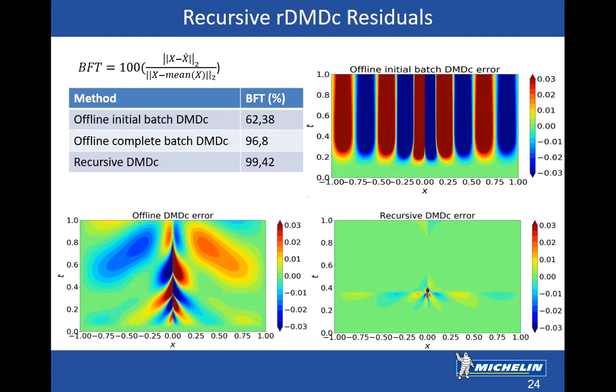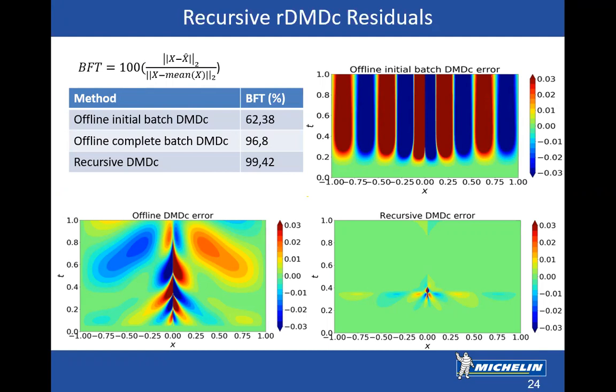So what about the error quantitatively? In order to check the error quantitatively, we've used the best fit, which is the percentage of x, the high fidelity solution, minus the estimated solution, the square root of this error, divided by the square root of x minus the average of x. For the offline initial batch DMDC, as we've seen, it's completely error.